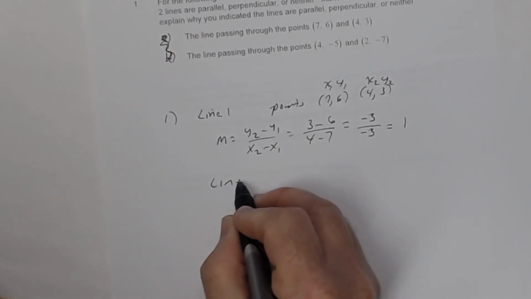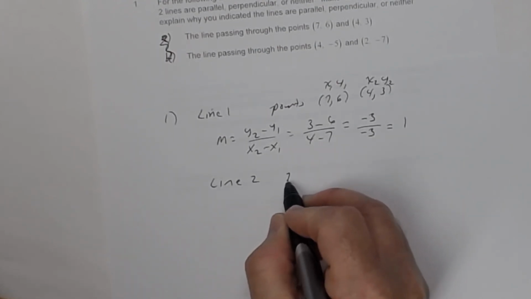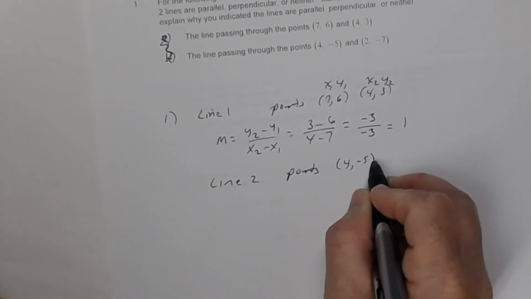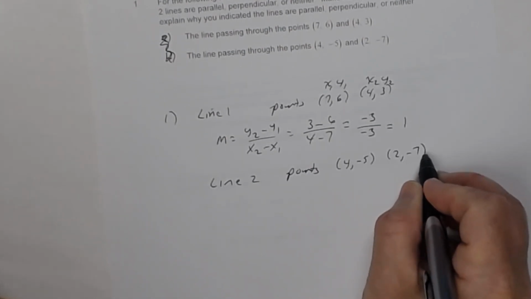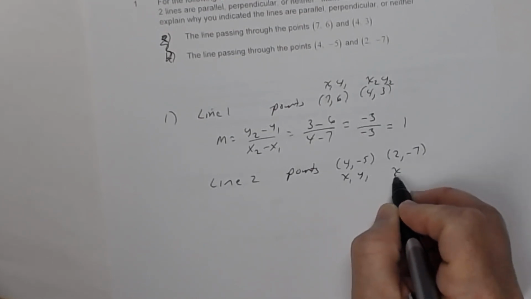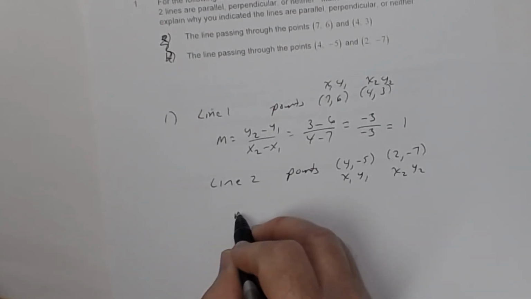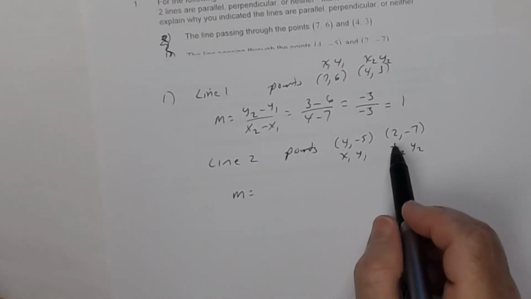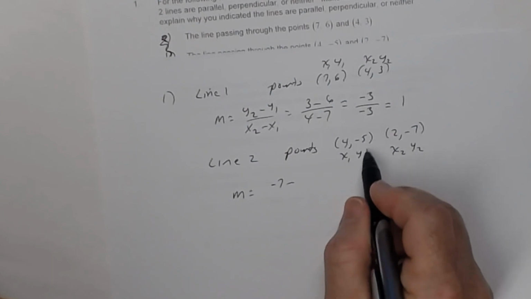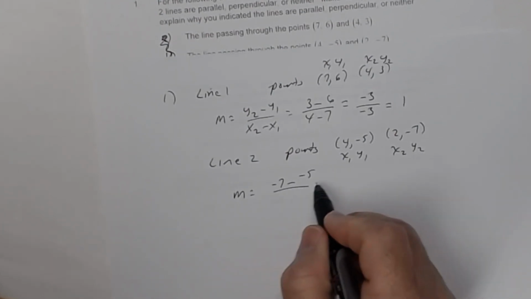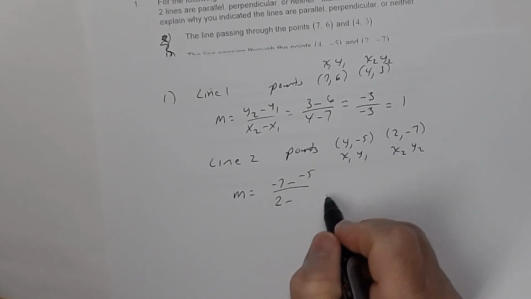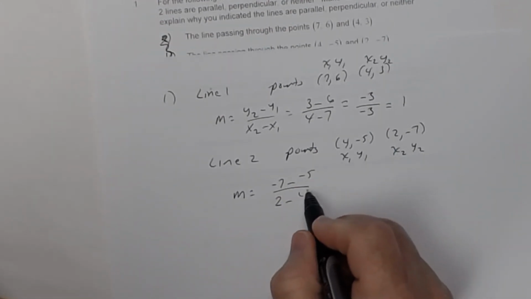Now in line 2, you have these points. Your points in line 2 are 4, negative 5, and 2, negative 7. And let's go ahead and label these x1, y1, x2, y2, and let's find the slope. So the slope, you're going to say y2, which is negative 7, subtract y1, which is negative 5, divided by x2, which is 2, subtract x1, which is 4.